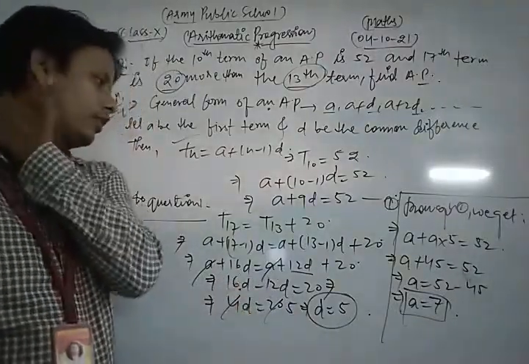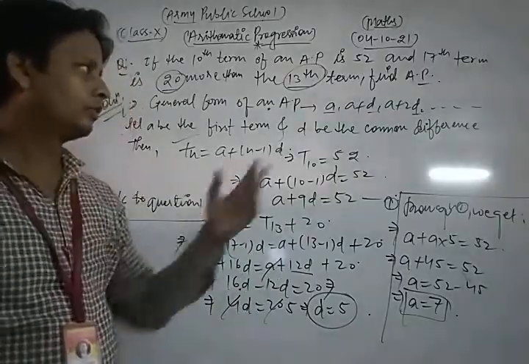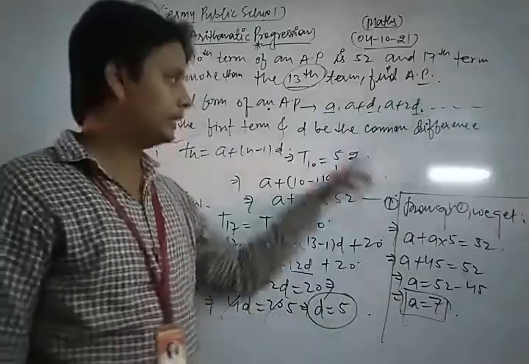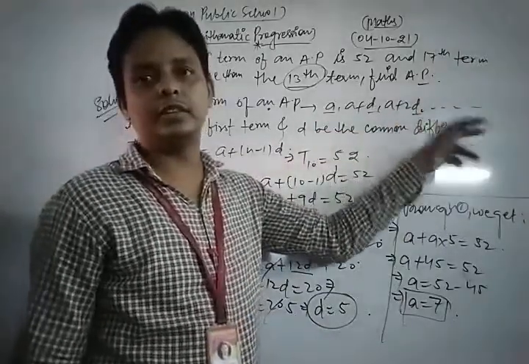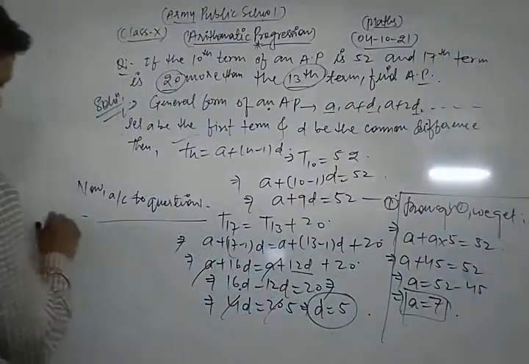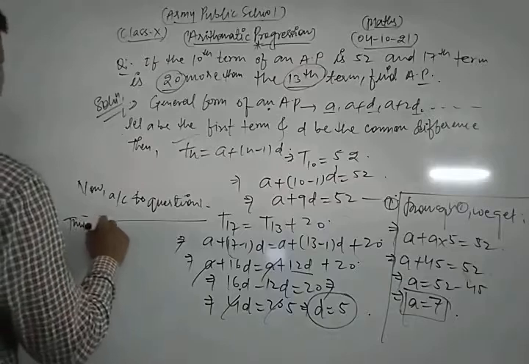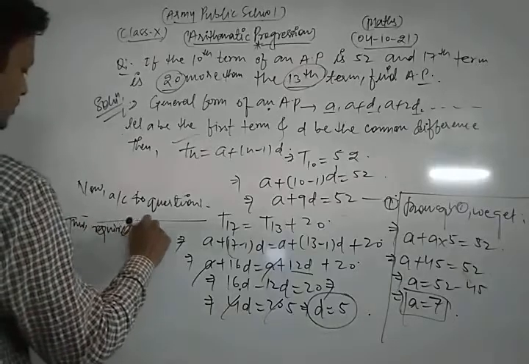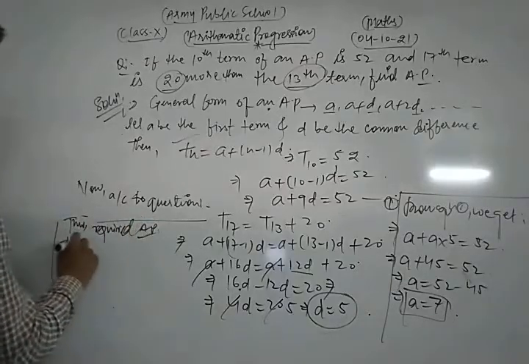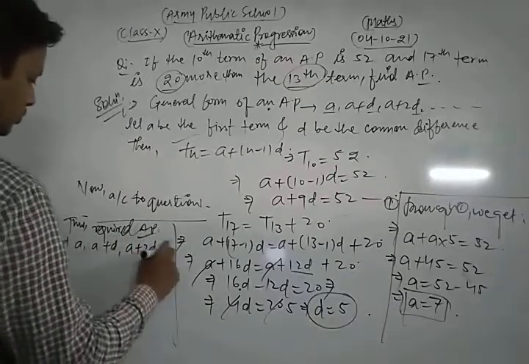Now dear friends, we put these values in that expression. In this way we get the arithmetic progression. Thus the required AP is a, a plus d, a plus 2d and so on.